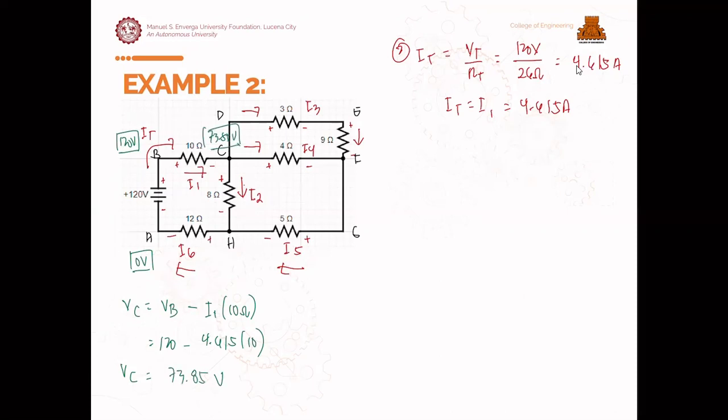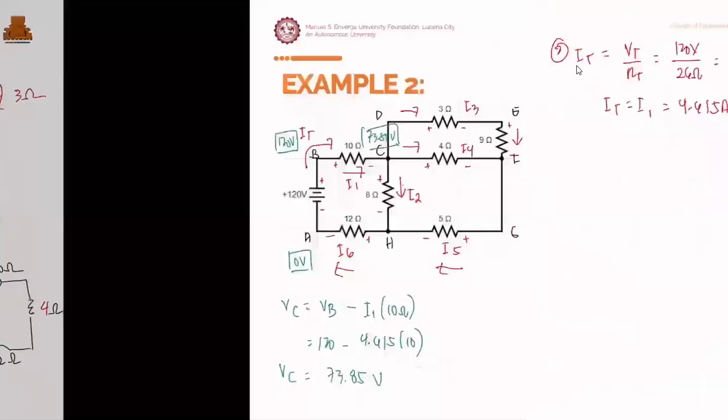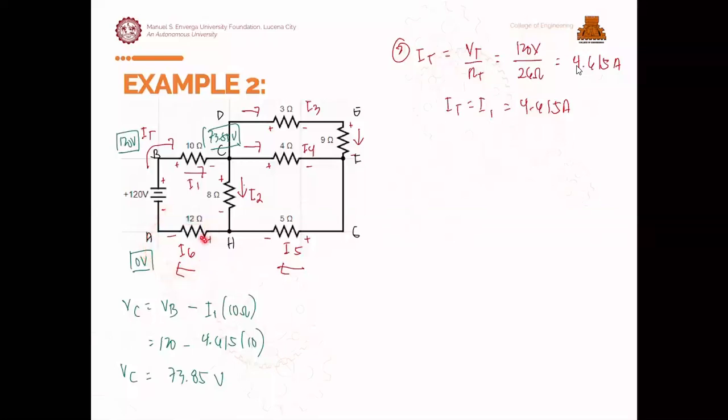Now, we can also do the one below. As we checked earlier, this resistor is in series here, so it has the same current value. So we can now get the voltage at H. The flow from A to H is towards positive, so the voltage is VA plus I6 times 12: 0 plus 4.615 times 12, so VH will be equal to 55.38 volts.